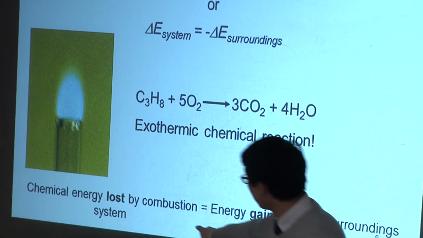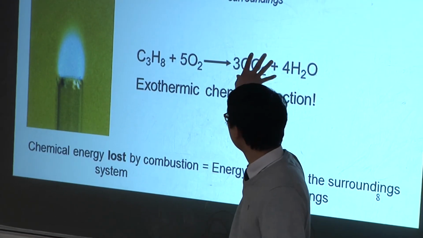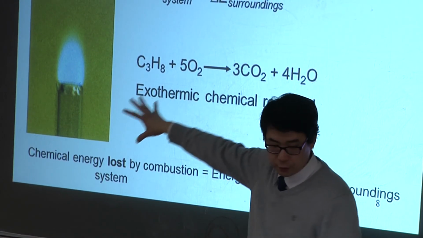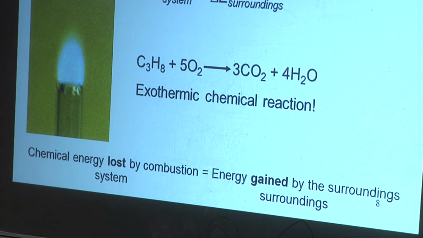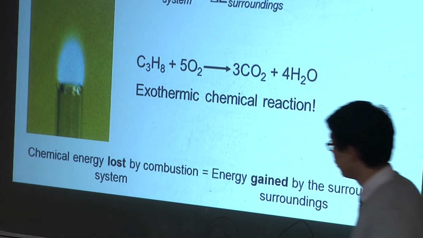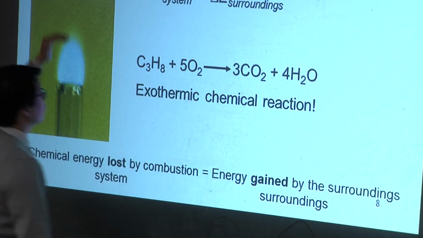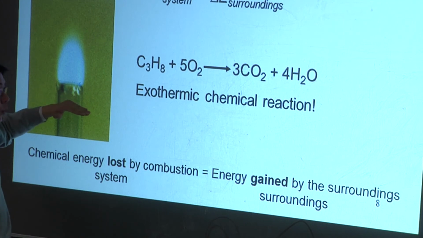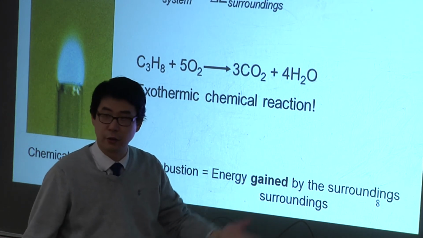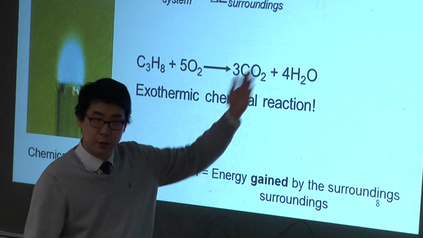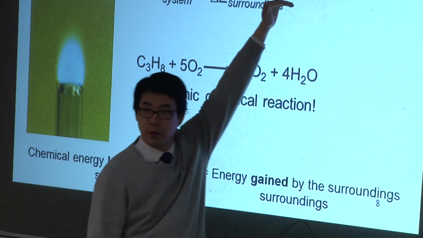The chemical energy is lost by combustion. Here's the system: the system is the chemicals. Exothermic reactions release energy to the surroundings, and if they release energy to the surroundings, the energy of the system goes from high to low. But what about the surroundings? The surroundings is like your hamburger. It gains energy, it goes from low to high.